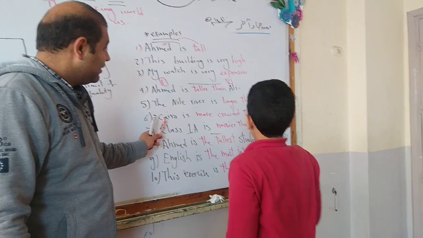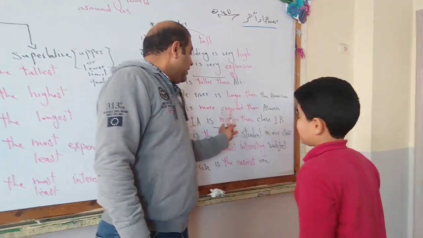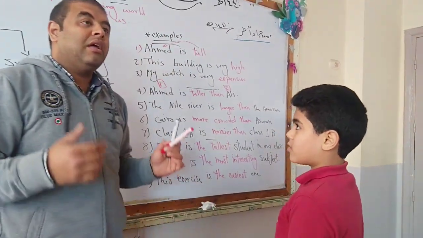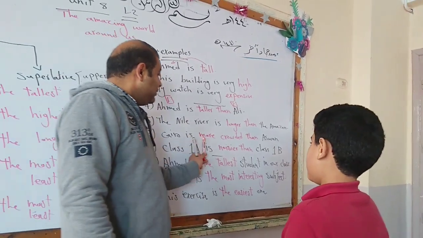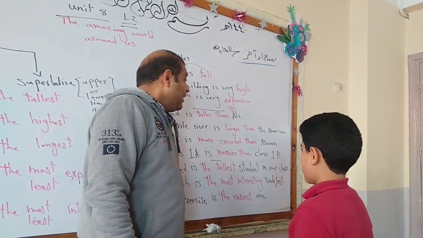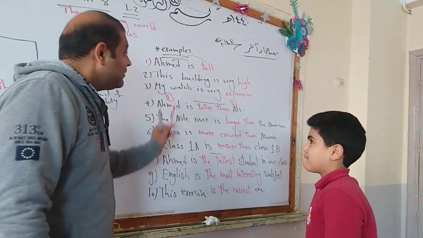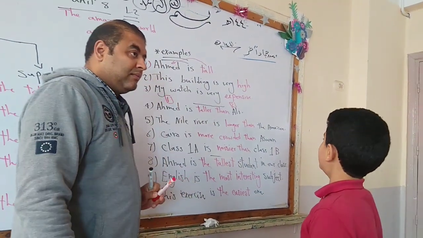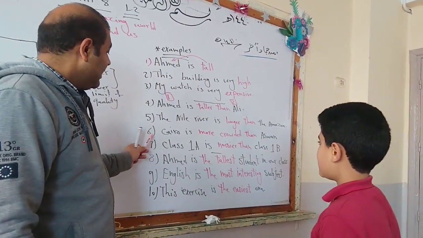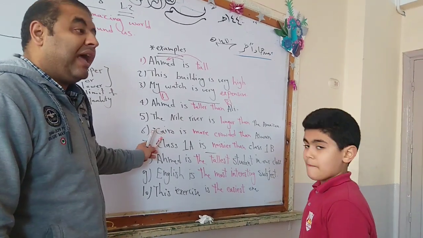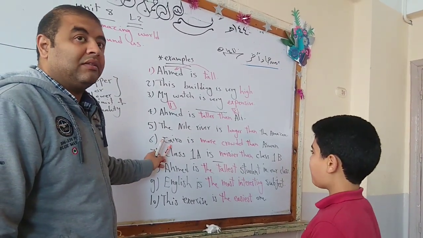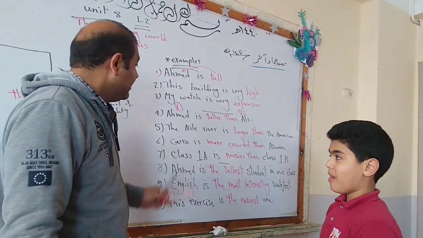Number 6, Muhammad. Cairo is more crowded than. The word crowded is a long syllable adjective, so we put more and than. Who can start this sentence with Aswan? I want Aswan instead of Cairo in this sentence. Yes, Husam? Quickly.